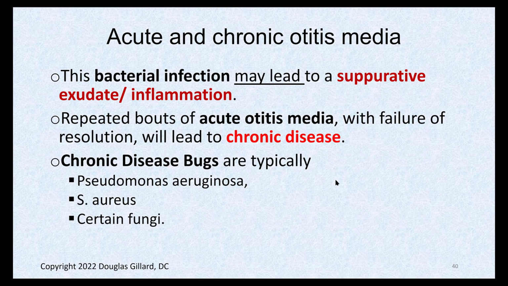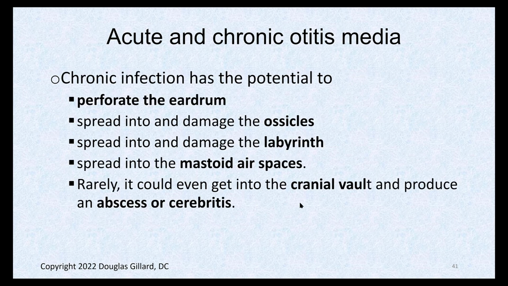And the chronic bugs are Pseudomonas aeruginosa and Staph aureus and certain fungi. Won't worry about it, but there's some more bugs that can cause it. I'm not so interested in the bugs. But yeah, so if you have these chronic infections, you can perforate the eardrum.